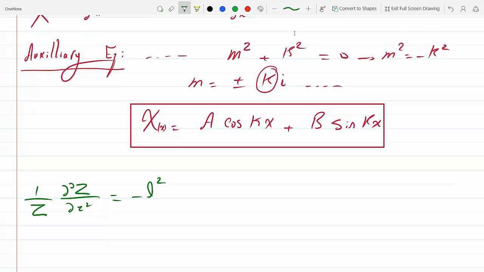And you follow the exact same steps as for the x one. We will get d squared Z over dz squared plus L squared Z equals 0.